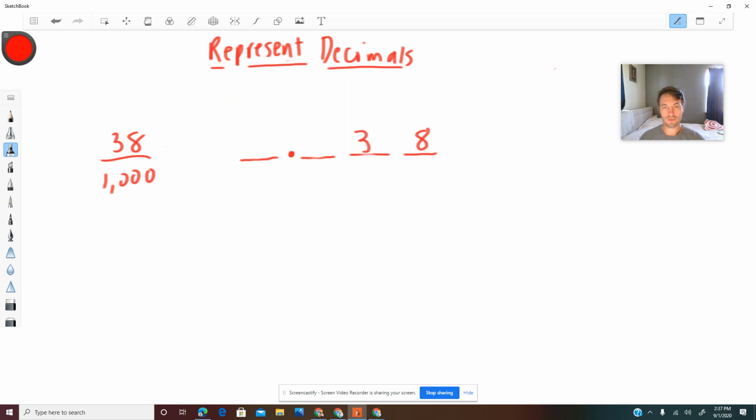And the 3 in 38 goes right next to it in the hundredths place. There's nothing in the tenths place, so we put a 0, and there's nothing in the ones place, so we put a 0 there too. And this is how we'd write 38 thousandths as a decimal. And that's all you have to do in today's lesson: take fractions and turn them into decimal numbers.